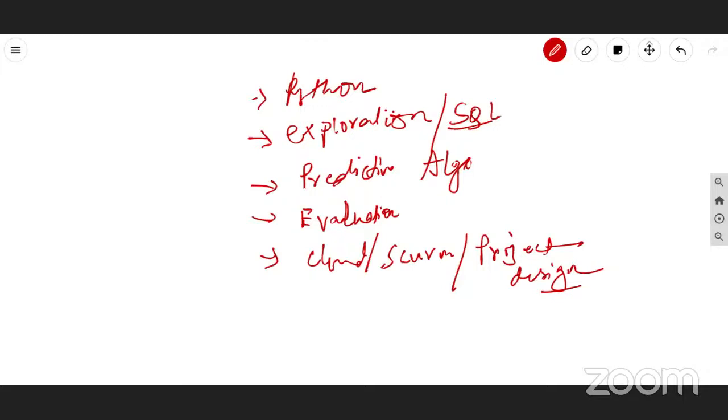This exploration and predictive algorithm is the stage where you will learn all this. So first is Python and SQL. These two are mandatory, right? And then from exploration onwards, we will start.